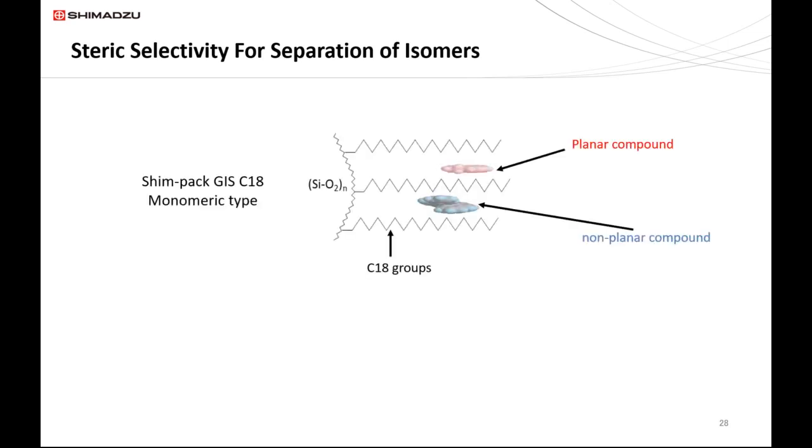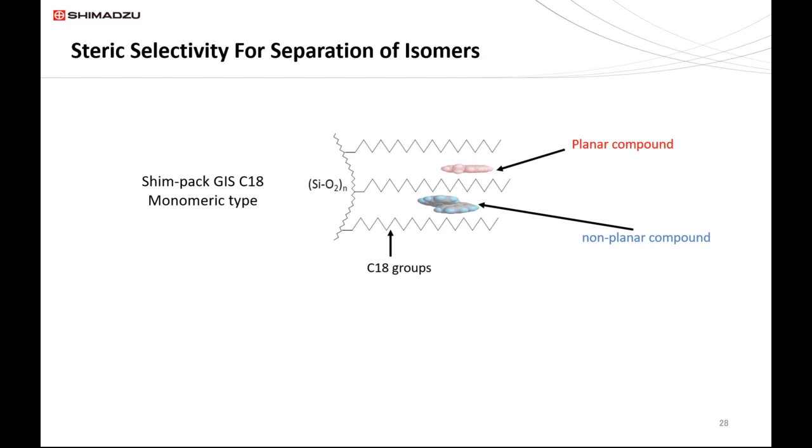In typical C18 column, such as Shim-pack GIS C18 column, the C18 group is usually monomeric bonded, meaning each silicon atom only has one C18 group bonded to it. They are more spaced out, so molecules, regardless if it is planar or non-planar, can move in between the C18 groups for interaction.